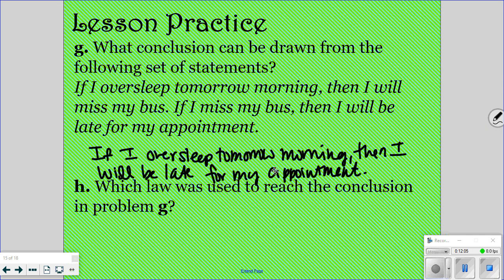Okay? Which law did we use for this one? Did we use the law of syllogism or the law of detachment? We used the law of syllogism.